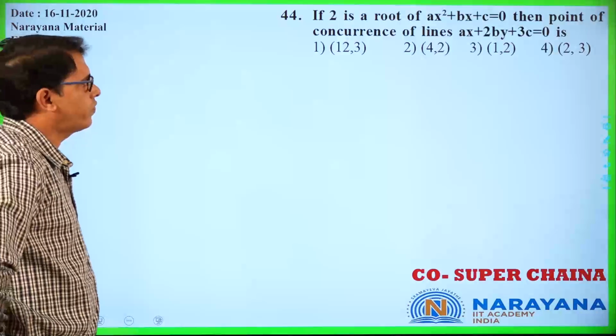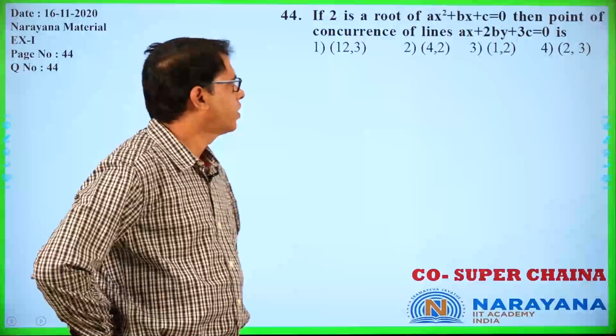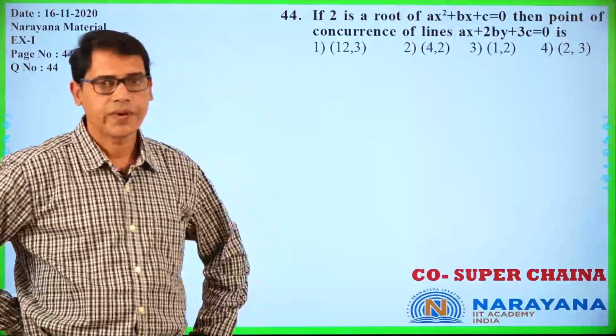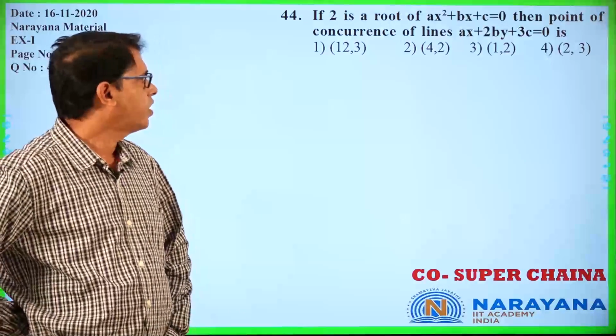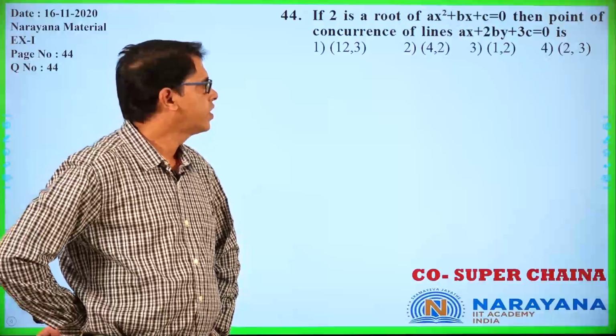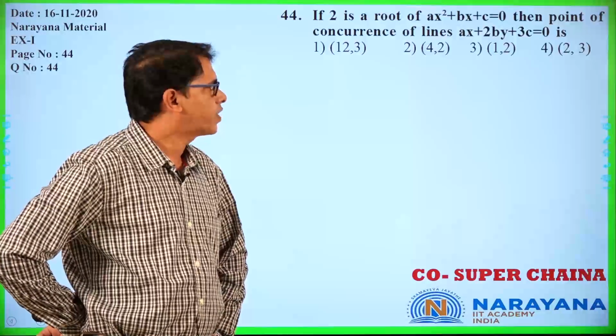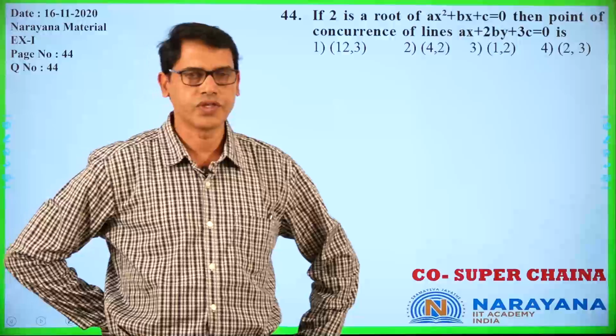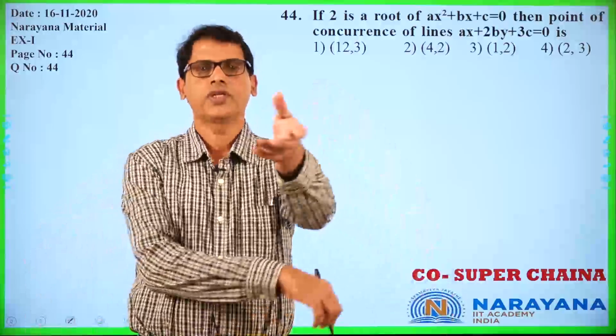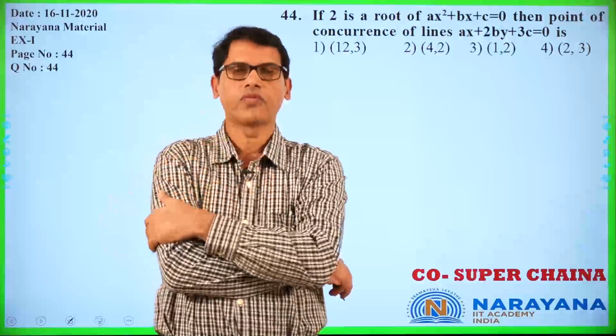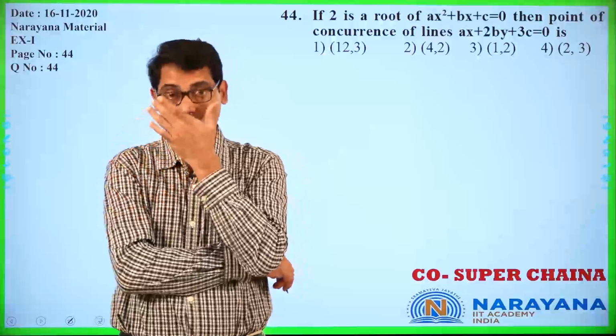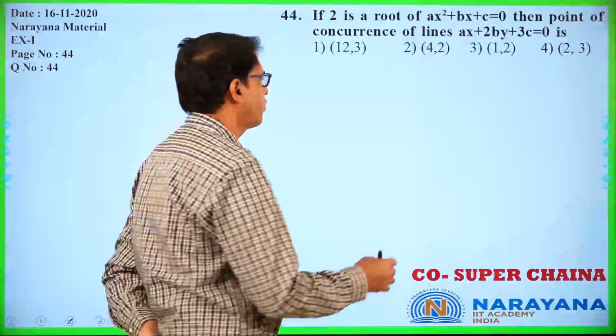Here, 2 is a root of ax square plus bx plus c equals 0. Then find the point of concurrency of the lines ax plus 2by plus 3c equals 0. Before going to this question, let us recall the formula, the family of lines. See, what is the formula?